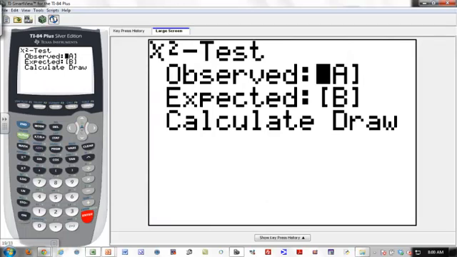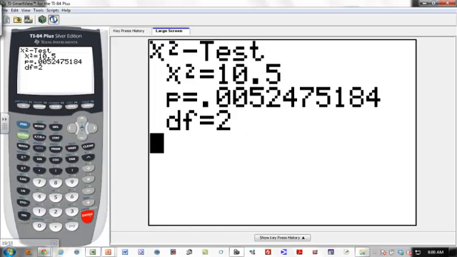Wait, I didn't put my expected data into B. It'll do it for you because it's an easy process for it. There we go. Too easy. And so for the easy part of the four-step process, what do I expect you to write down?